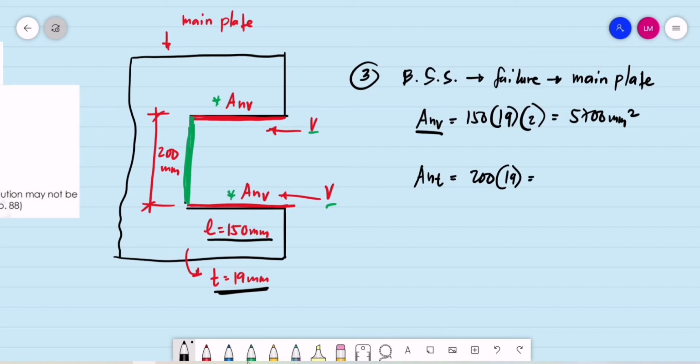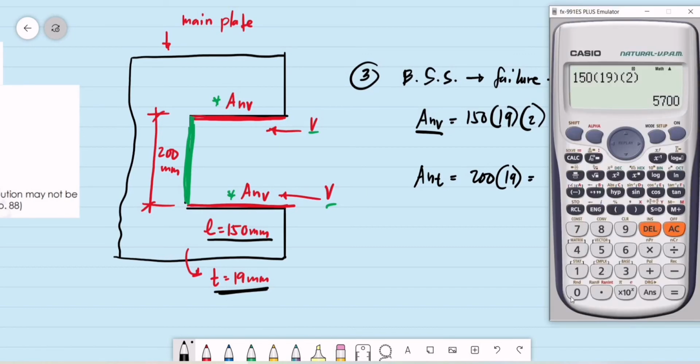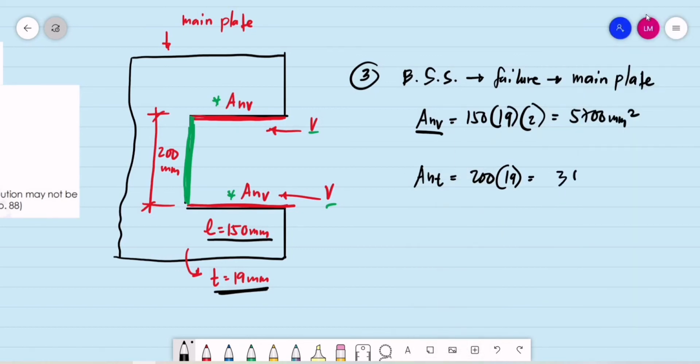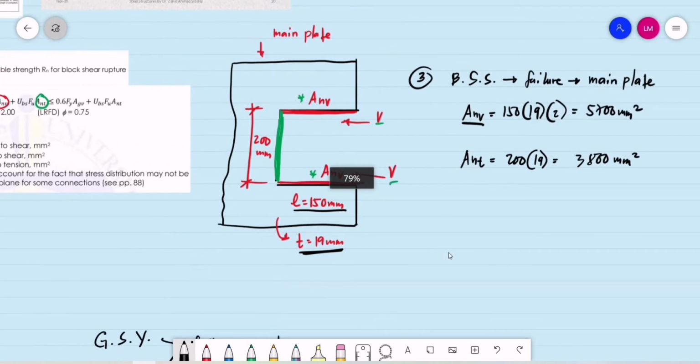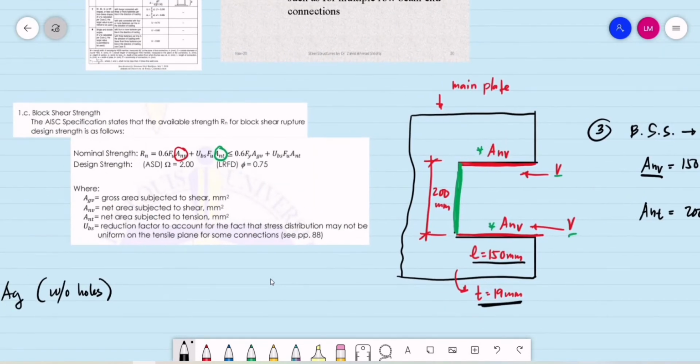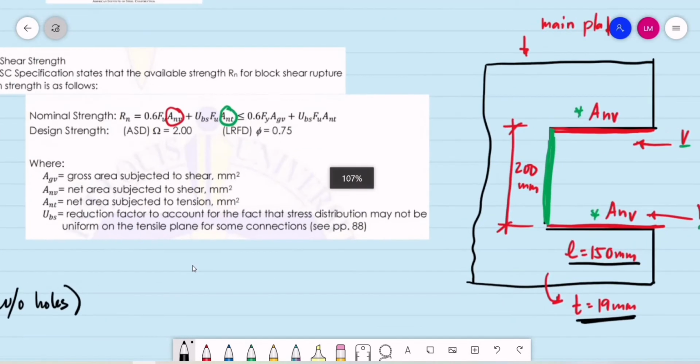So 200 multiplied by 19 mm is 3,800 square millimeters. So let us now compute the block shear strength, that is the Rn.